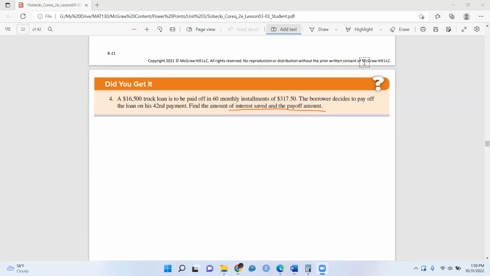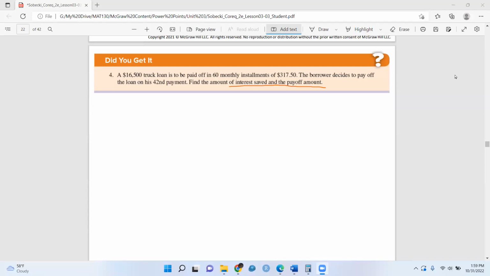So let's go through this then. What we're going to do is find the interest saved. This is the formula that I got wrong before: F times K plus 1 all over N times N plus 1.